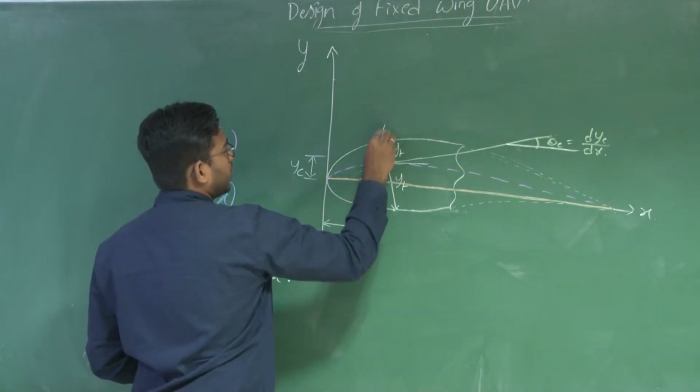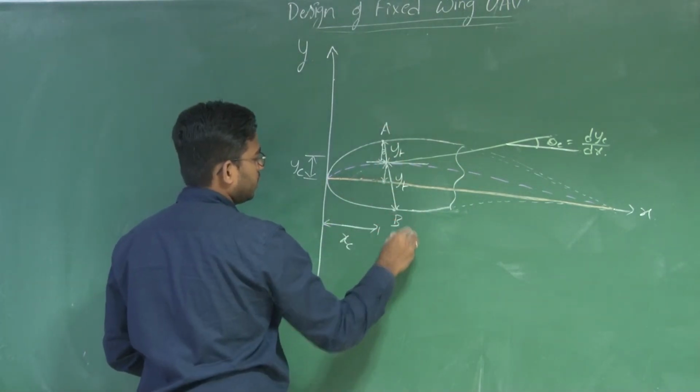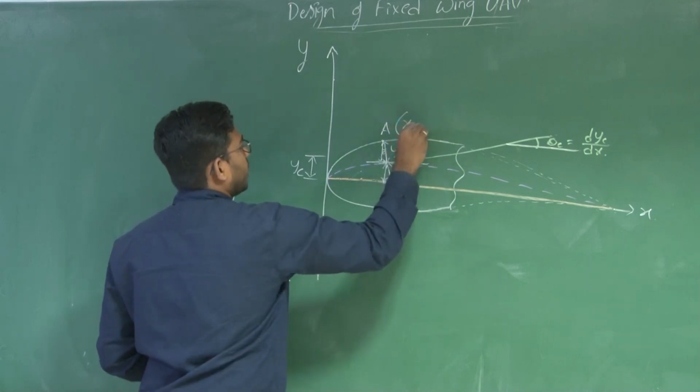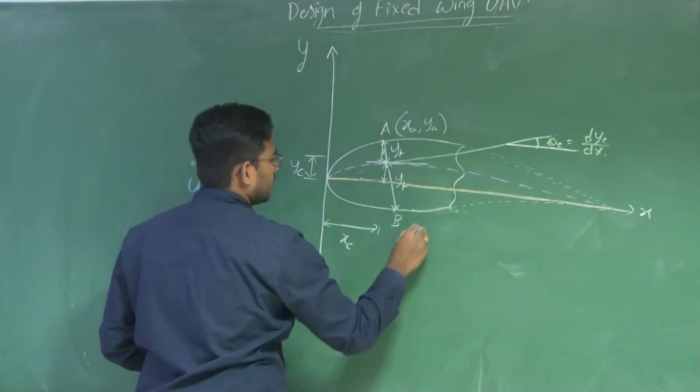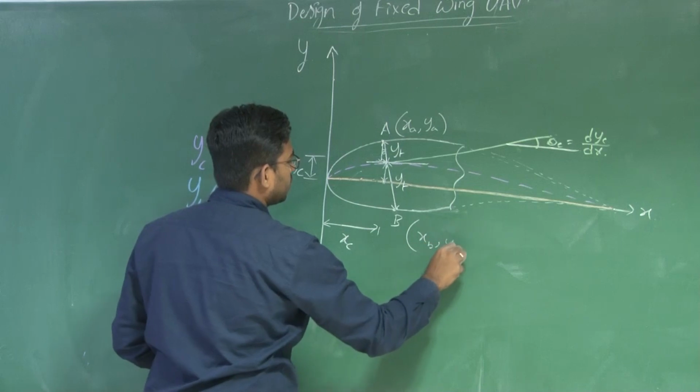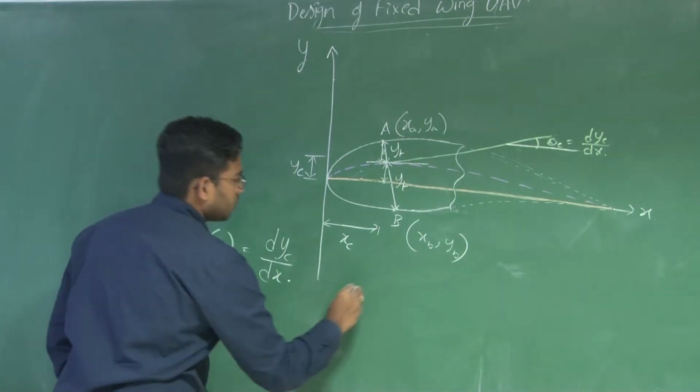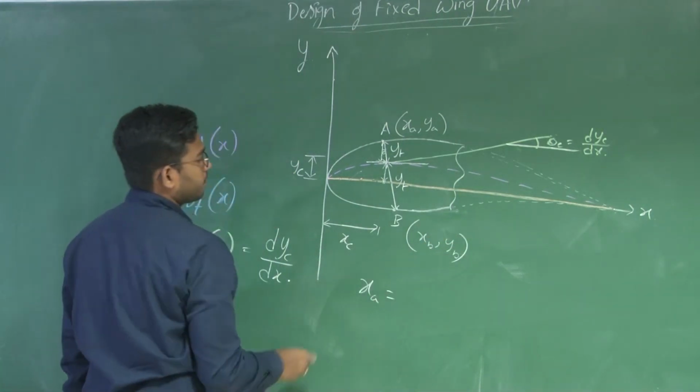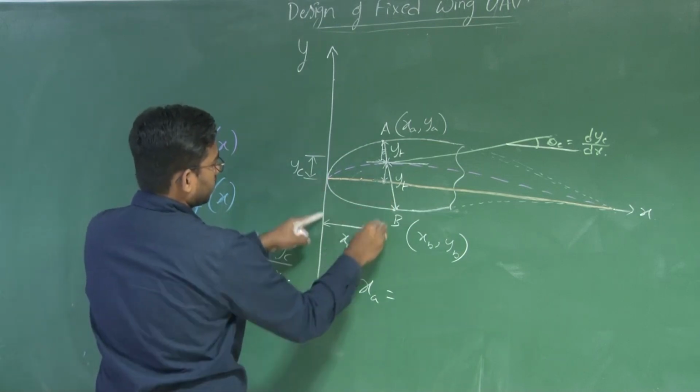Now the point A, say, and there is a point B where I have xa, ya and xb, yb. So xa is equal to, I know this total distance.